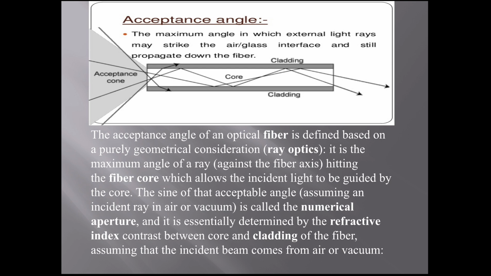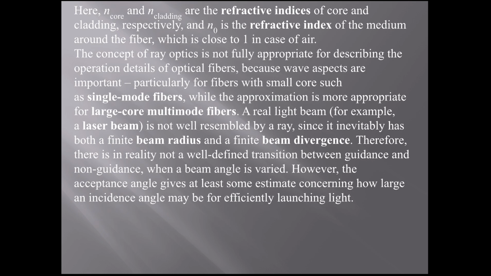The sine of the acceptance angle is called the numerical aperture and is essentially determined by the refractive index contrast between core and cladding of the fiber, assuming that the incident beam comes from air or vacuum. Here n core and n cladding are the refractive indices of core and cladding respectively, and n0 is the refractive index of the medium around the fiber, which is close to 1 in the case of air.